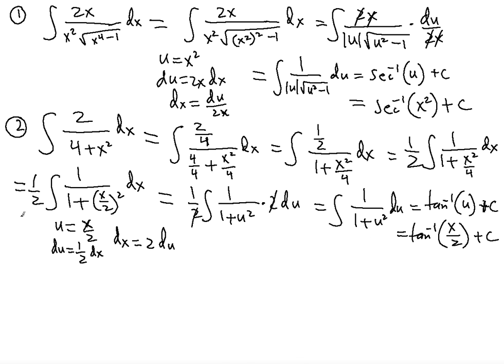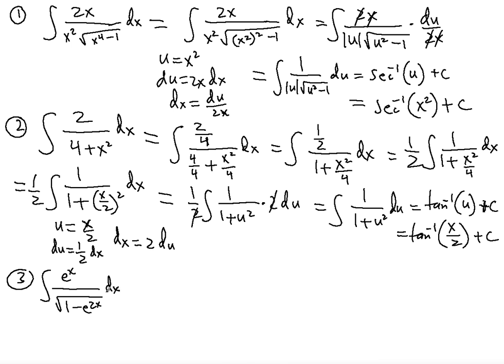There goes your antiderivative. Now the third example is going to involve the exponential, and the integrand will be e to the x divided by the square root of 1 minus e to the 2x dx.